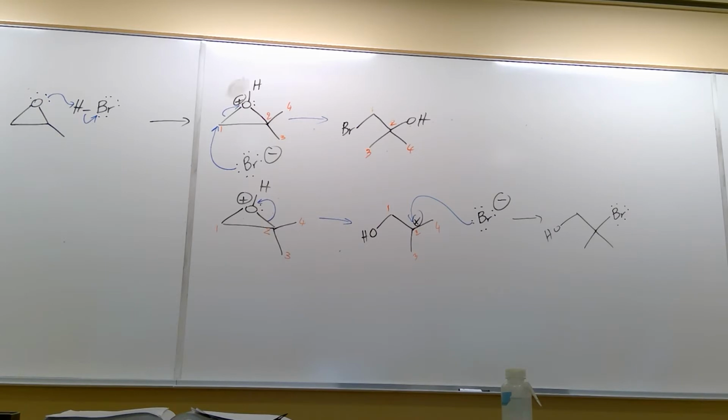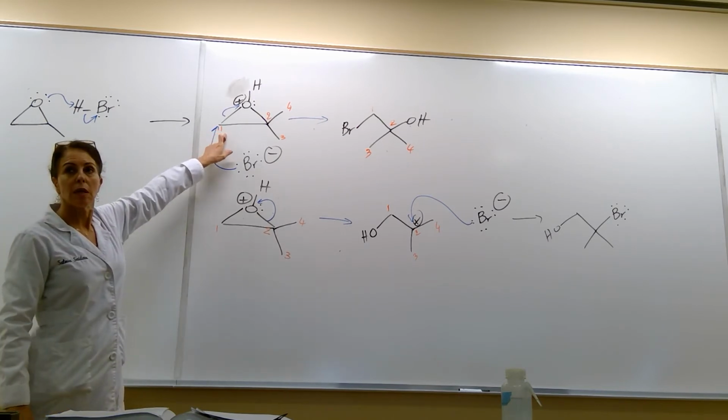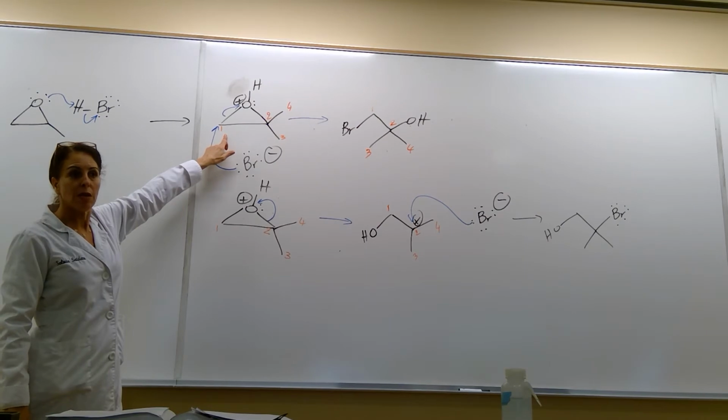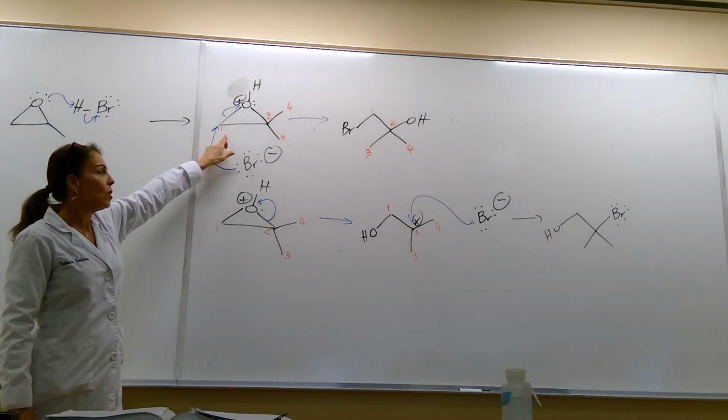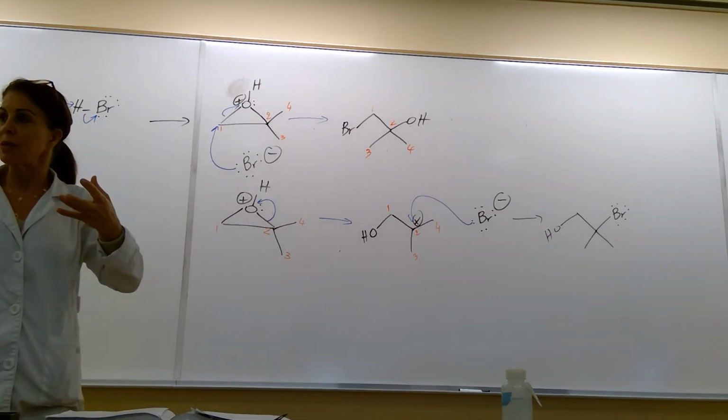Why? If you don't know why, you don't know. So here, this carbon is what? sp3, which is what? Tetrahedral. So the bromine has to come to a carbon that's tetrahedral. Remember the hybridization?